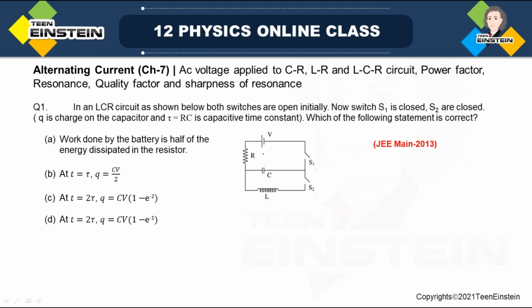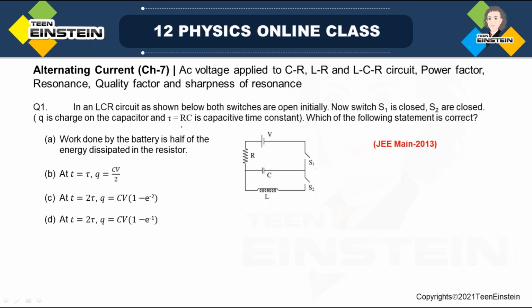C and R, they will be in series, and if S1 is open and S2 is closed, then L and C will be connected, and this will be actually this circuit. That means there will be no battery connection with this circuit.